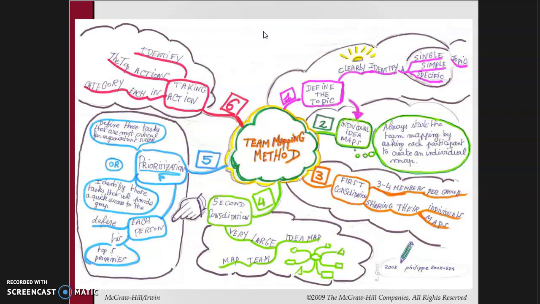In that circle in the center, write down the topic of your paper, and then start thinking of various groups of ideas that relate to this topic. You may not use them all in your paper, but now is the time to start brainstorming it, throwing the spaghetti on the wall.